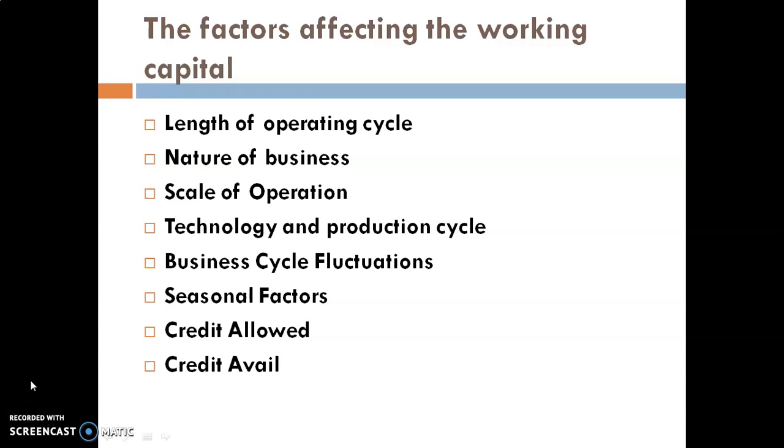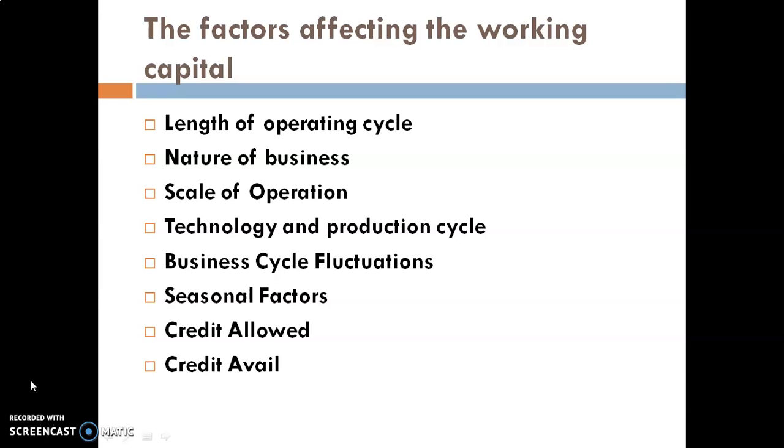Next is credit allowed. What type of credit policy is the company following? Whether it is following a liberal credit policy or a strict credit policy. But before that you must know what credit policy is. It is the average collection period for the sales proceeds. You are selling some goods on credit, and the time period in which you get back the money from the person to whom you have given credit, that is credit policy.